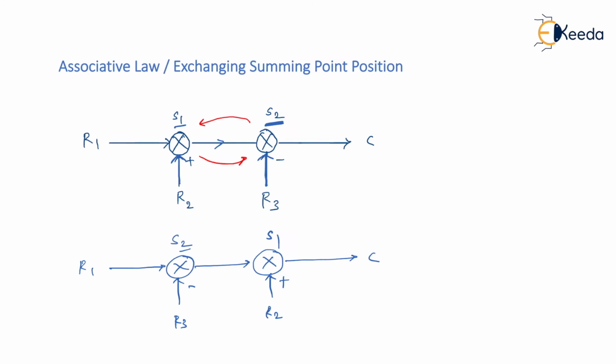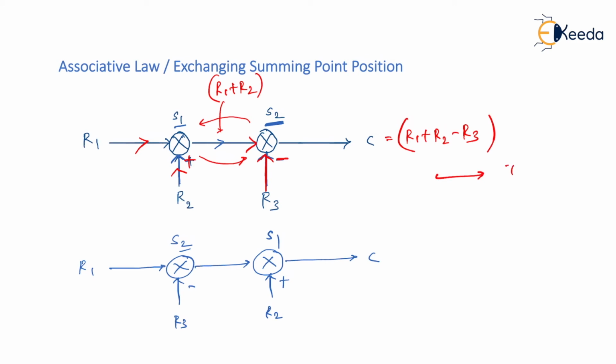So let us see what output you're supposed to get here. So first input is R1, the other input is R2 with positive sign. Of course, here output is R1 plus R2. Then for summing point S2, one of the input is R1 plus R2, other input is R3 with negative sign. I would say C is equal to R1 plus R2 minus R3.